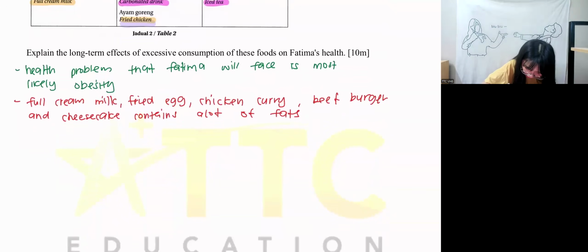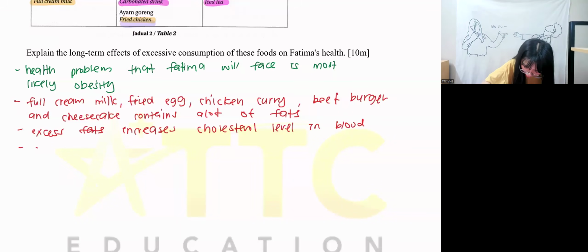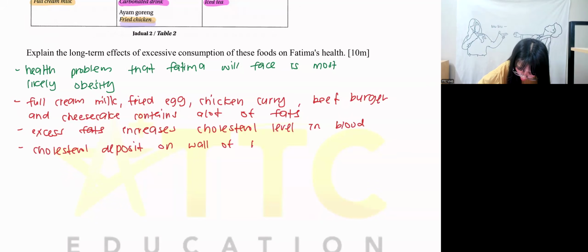Okay, next, we can say excess fat increases cholesterol level in blood. Cholesterol deposits on the wall of blood vessel, that causes them to be narrow.